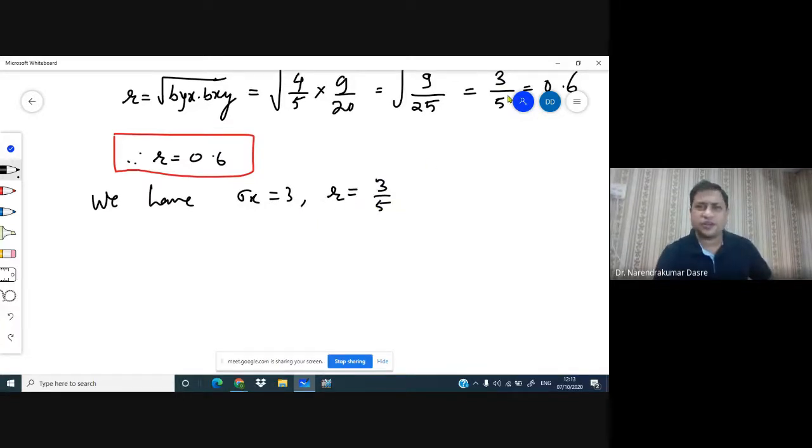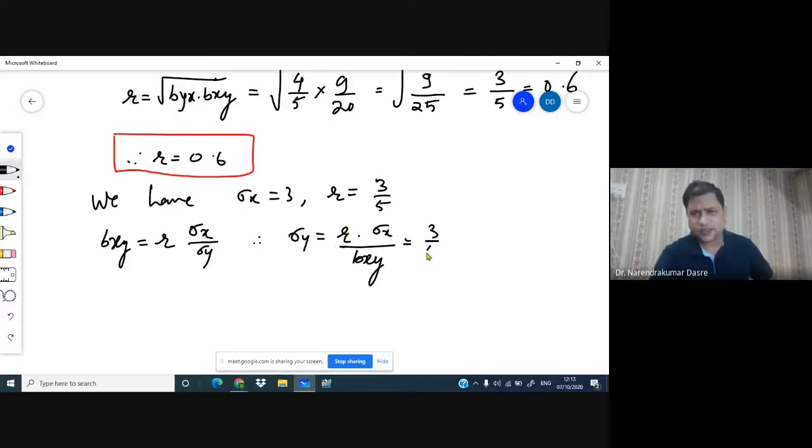For simplicity, I am using this value so I can cancel out. And hence bxy is equal to r into sigma x by sigma y. So we are interested in sigma y.